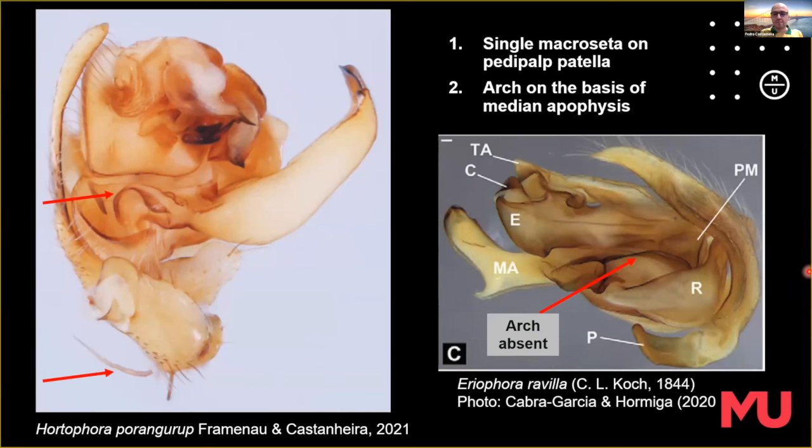However, you have some species within the Backobourkiines that reverted. We have 2 or 3 species that have 2 microsetae instead of only 1, and at least one genus that doesn't have an arch, but has this single seta on the patella.